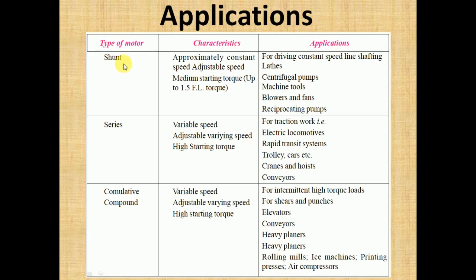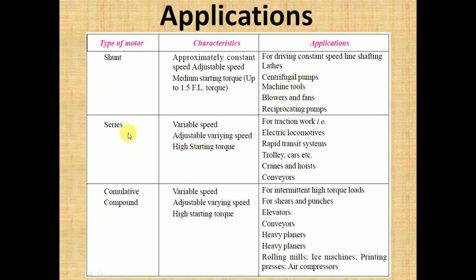In the case of the shunt motor, the motor runs at almost constant speed, so it is also said to be a constant speed motor. Therefore, it is mainly used in applications where constant speed is required, that is, lathes, centrifugal pumps, machine tools, reciprocating pumps, etc.